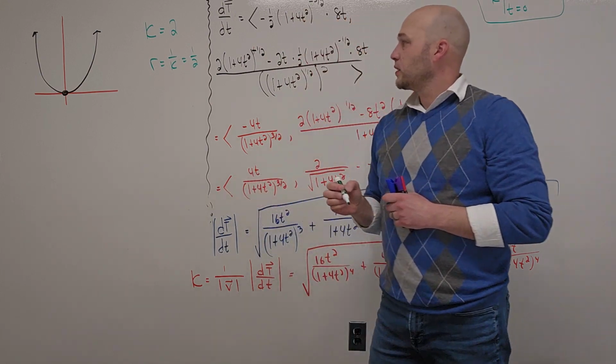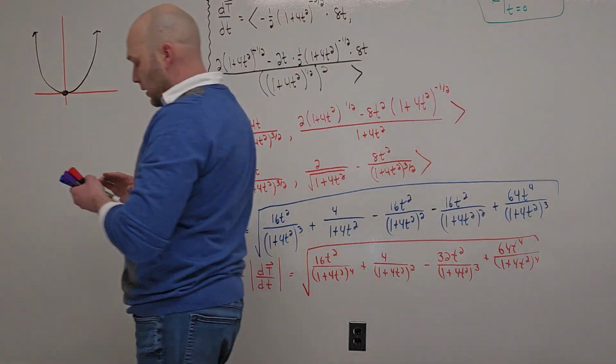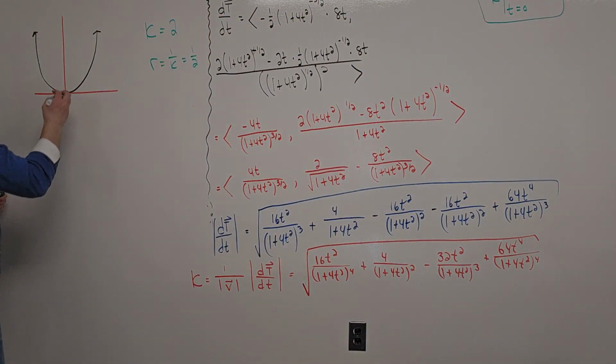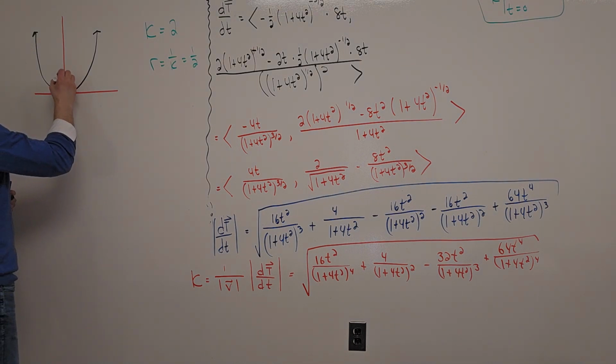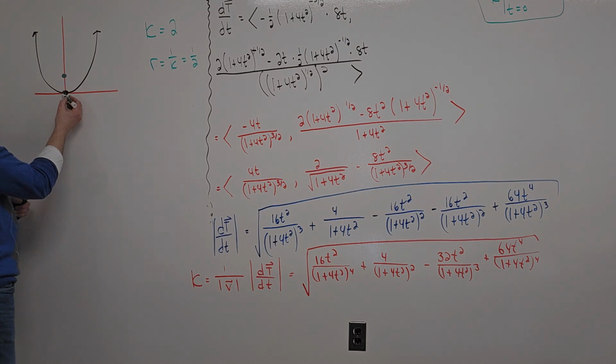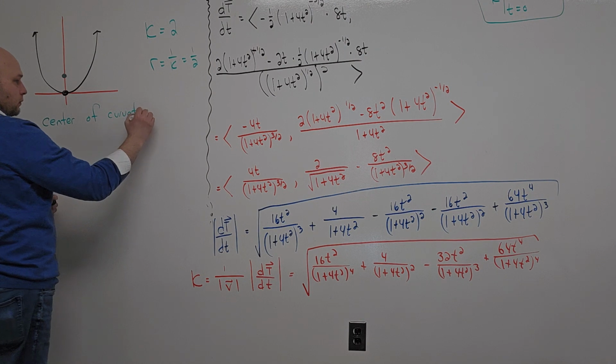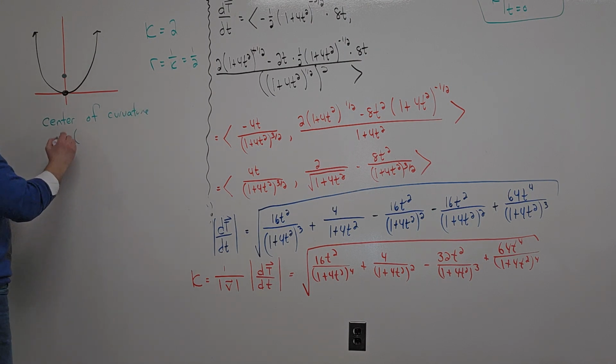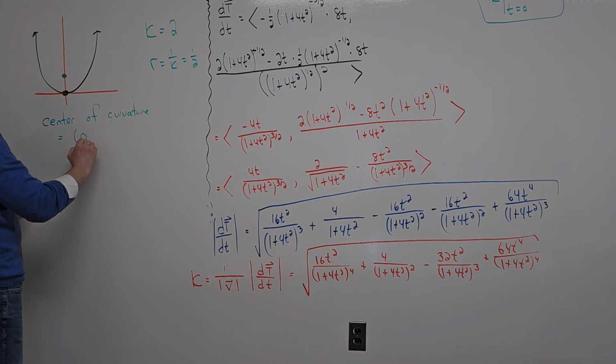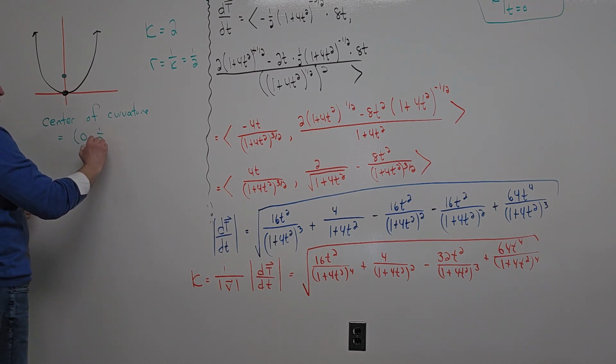Well, if the radius is 1/2, that means that we know that the point right here has distance 1/2 from this point P. And that means that the center of curvature would be equal to, well, it's on the vertical axis there, so the first component would be 0, and the second component would be 1/2.